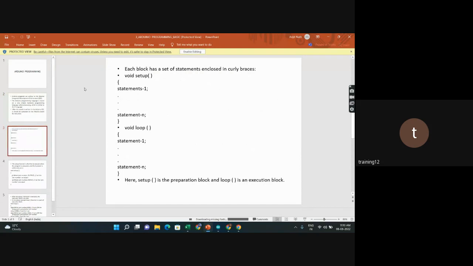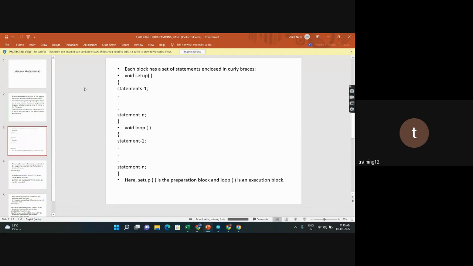The structure of an Arduino program is pretty simple. Arduino programs have a minimum of 2 blocks. First is the preparation block, and next is the execution block. Each block has a set of statements enclosed in curly braces.